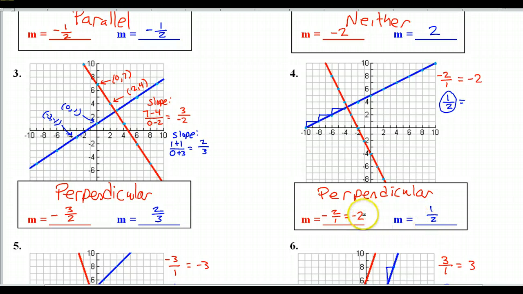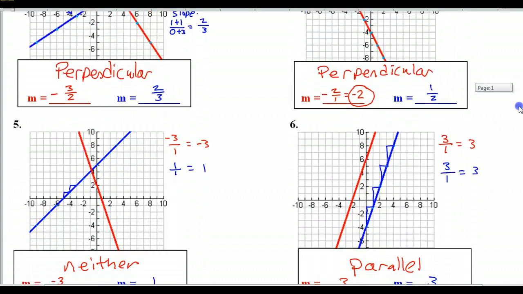So yes, those are reciprocal. So if you see a slope of -2, please understand that that's the same thing as -2 over 1, and the reciprocal would be 1 over 2. So don't be fooled by the fact that there's no 1 under it. There's always a 1 under it. So 2 over 1, 1 over 2.